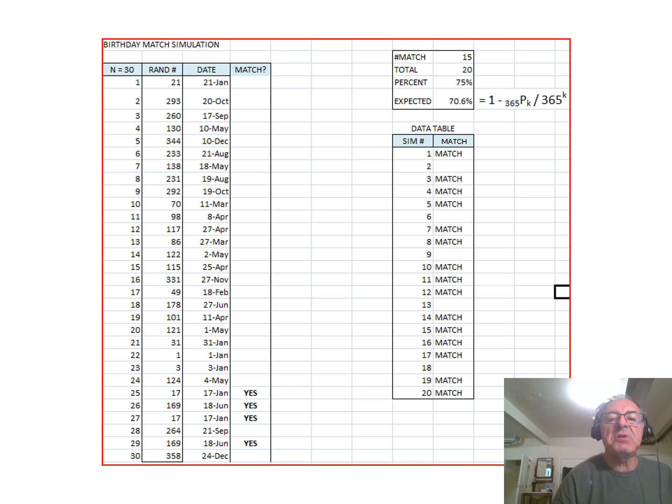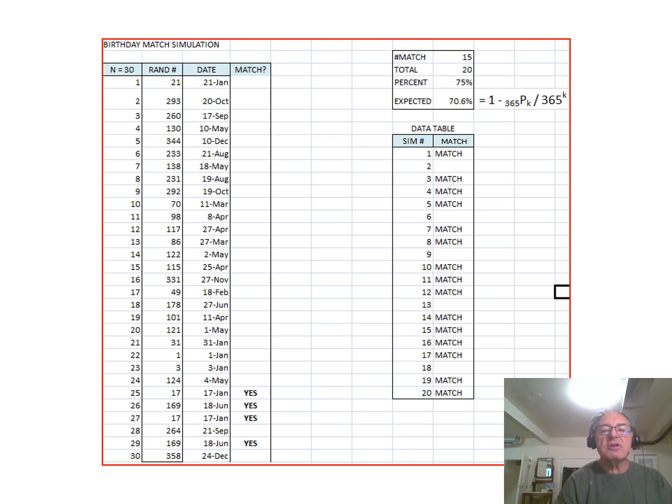When I simulate 293, that's the 293rd day of the year, equivalent to October 20. So I can easily simulate, say, 30 birthdays and ask if I have a match. This time I did, and I matched January 17th here and here. I had a second match of June 18th.